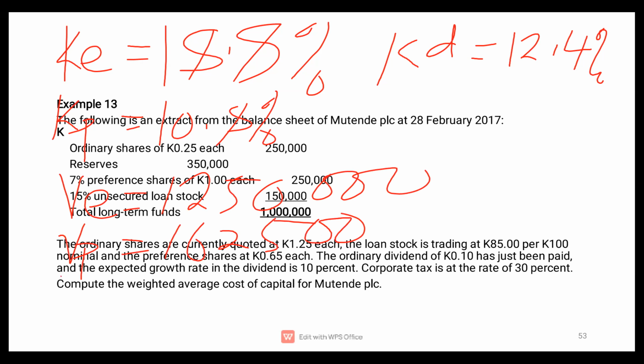And then the value of the debt, we just found it as 127,500. Well and good. From here, you can easily proceed. We can proceed and find the solutions, right? So let's find.